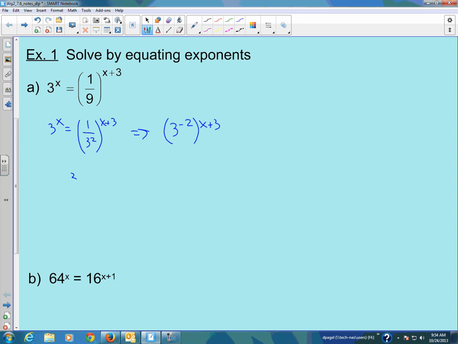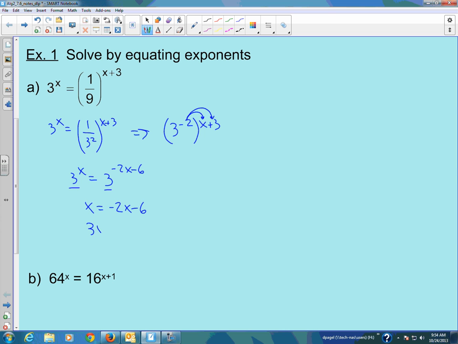So then I get 3 to the x is equal to 3 to the negative 2 to the x plus 3, and now I have power of powers, which I distribute and get negative 2x minus 6. Here is the goal, to end up with two bases that are the same number, in this case 3. And when that happens, it just means that your powers must be equal to each other.